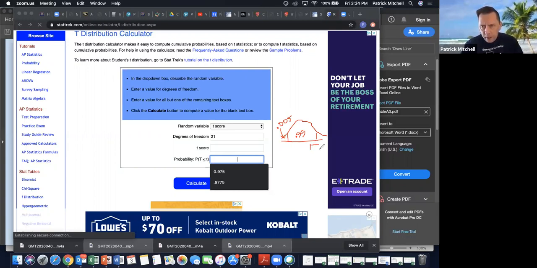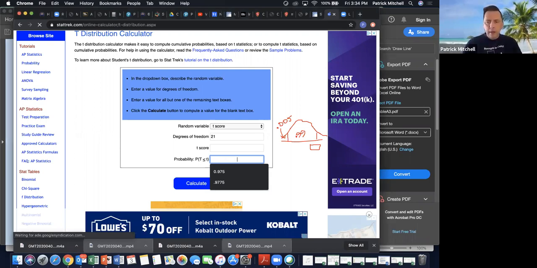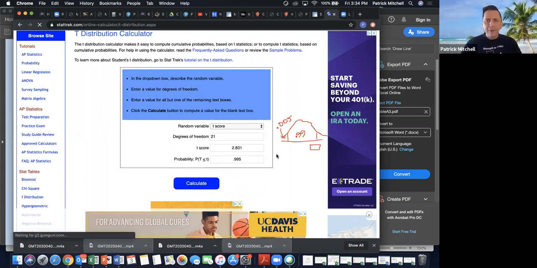Okay, so I want a t-score such that the area to the left of that t-score is 0.995. So I am going to enter 0.995 in that box. I hit calculate, and it gives me the same t-score that we got out of the table.